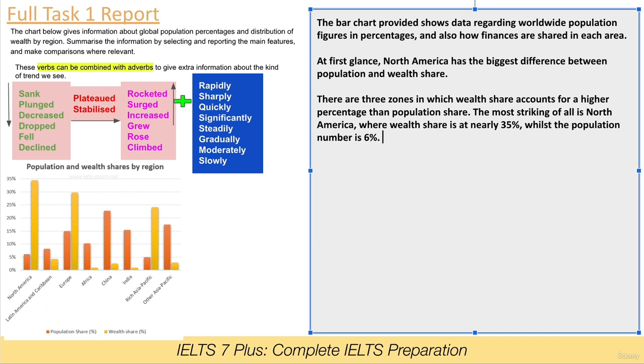Okay, so that's the first one. Then it's followed by Europe. The next highest distribution of wealth is seen in Europe.